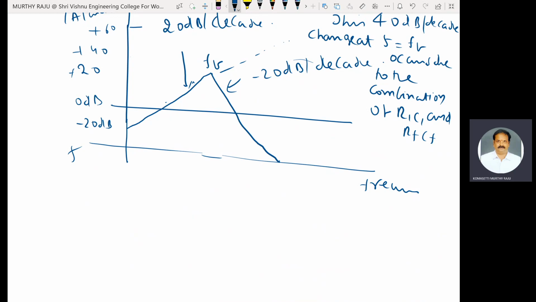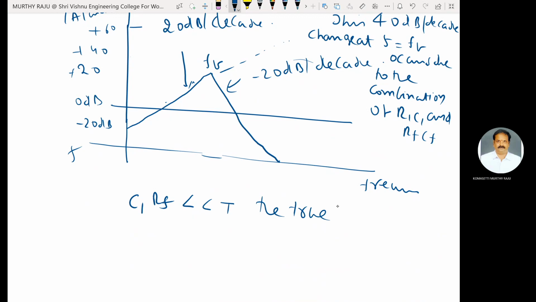That is R1 C1, RF C1, that is C1 RF less than T. The true differentiation results.